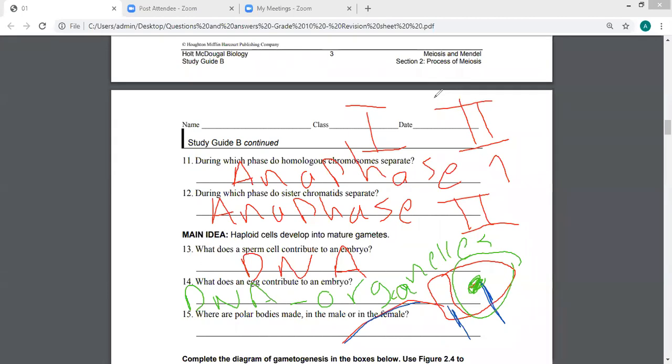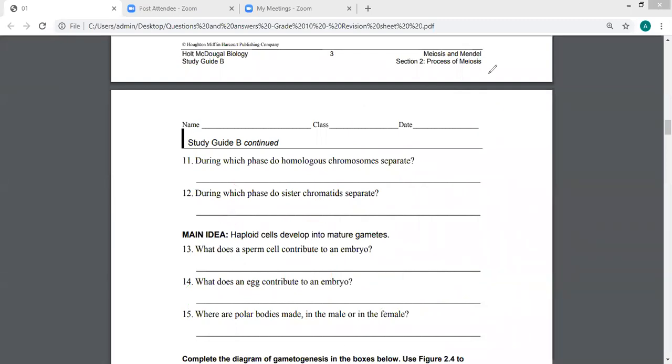The fusion between sperm and egg. The sperm migrates to the egg.